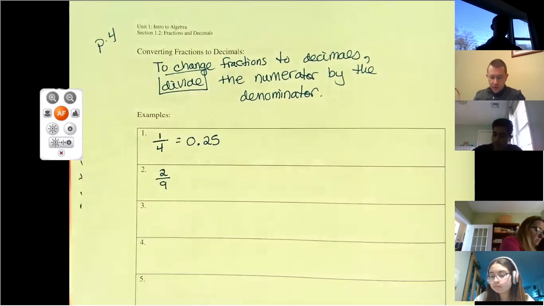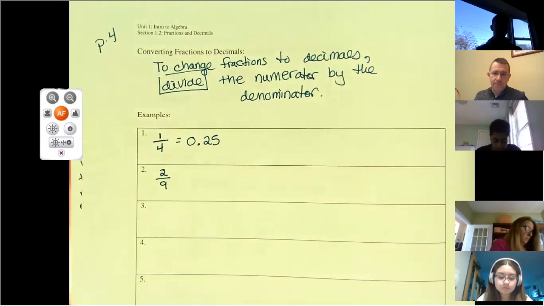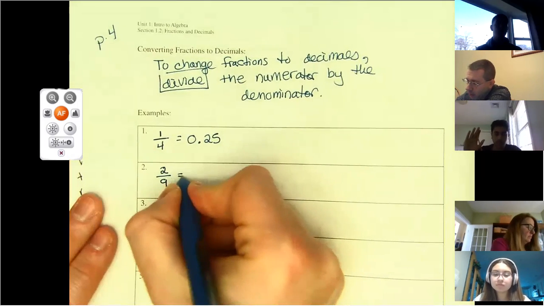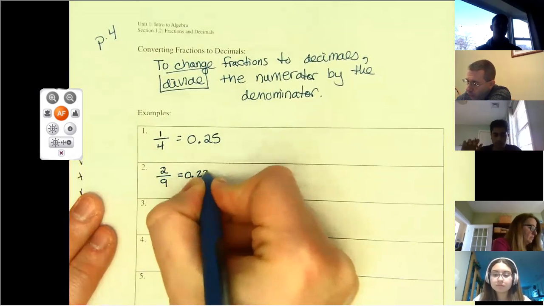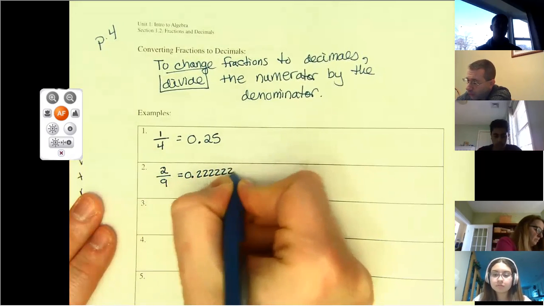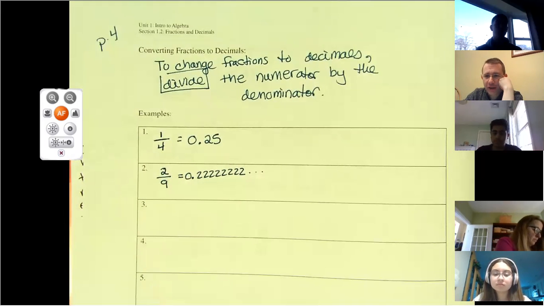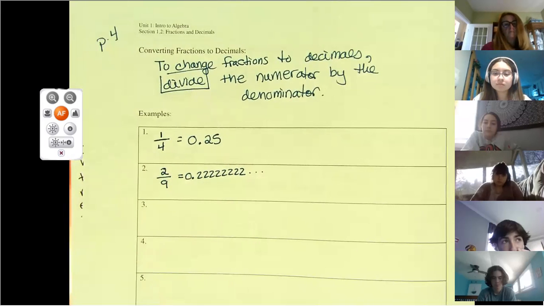2/9. This one is a little messier. Go do that on the calculator. Are we getting 0.22222, a whole bunch of 2's? And I think we can assume that if your calculator didn't stop there, the 2's would just keep going forever. Maybe.